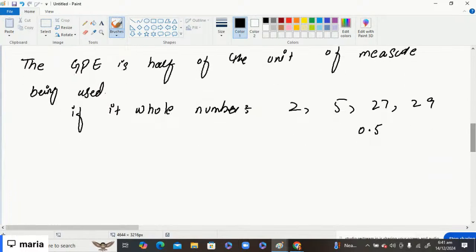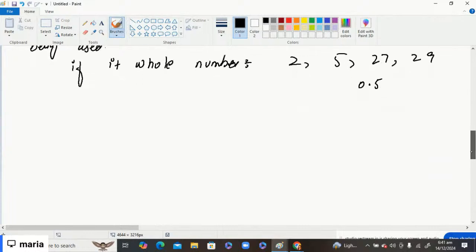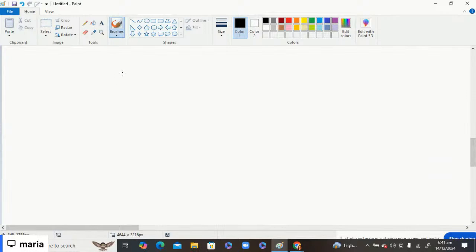But if the numbers are in decimal form, like 42.3, what is the greatest possible error? You are only interested in the tenth place.